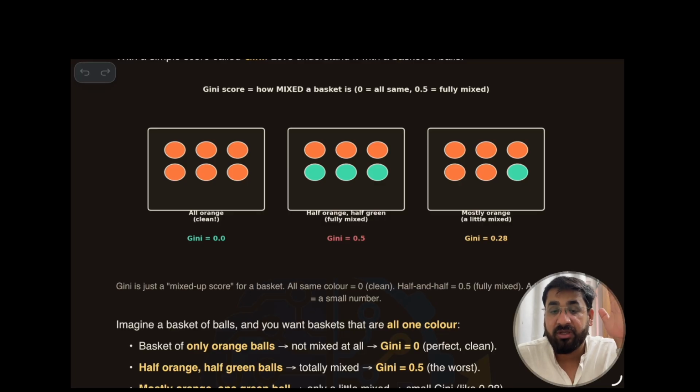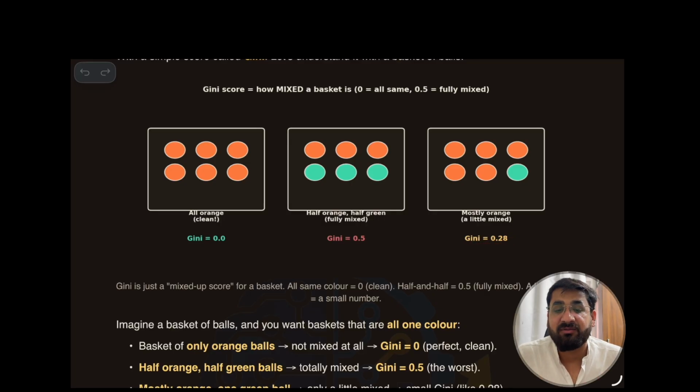Through Gini we will measure the degree of their group splitting. If it is completely pure, then Gini is 0. If it is mixed equally, then Gini is 0.5, and if it is less mixed, then 0.28.